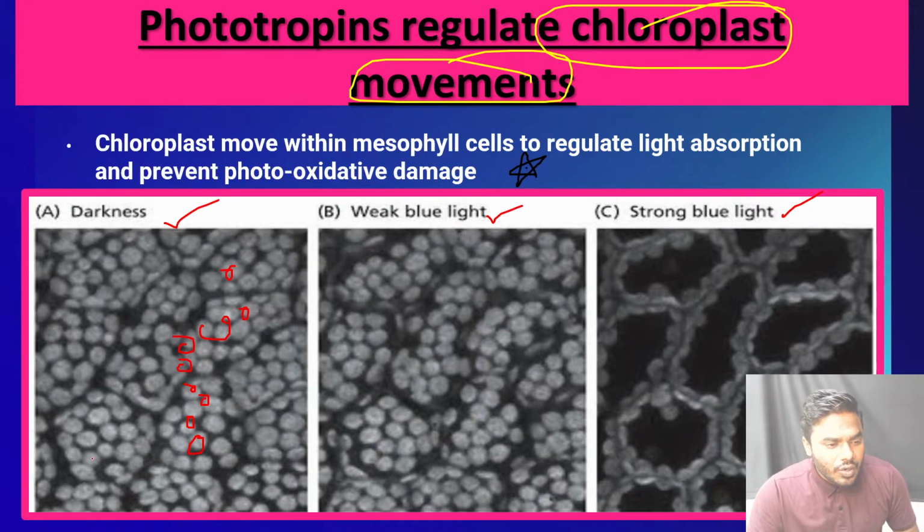But whenever they are exposed to blue light, see here, the chloroplasts start moving towards one edge. Now all the students look into this beautiful picture. Once they are exposed to the strong blue light, look into this: they are all moving towards the edges.